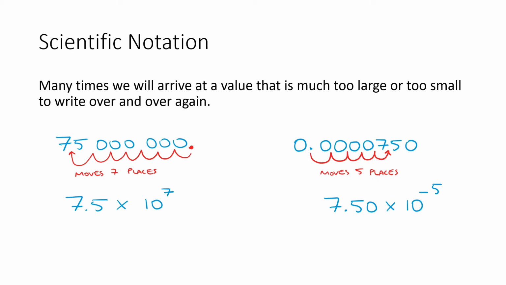We're basically taking this value and condensing it and showing it as 7.5, only 2 significant figures, so 1, 2, times 10 to a certain exponent. So what will that exponent be in this case? You guys are already on it. 6.